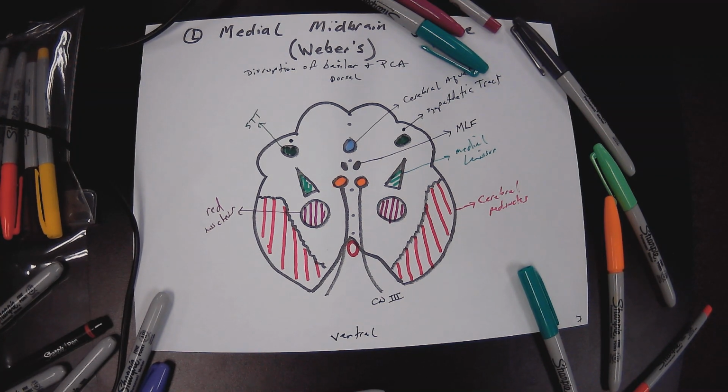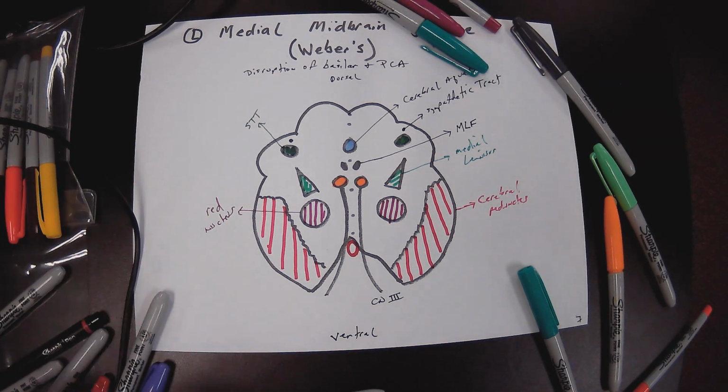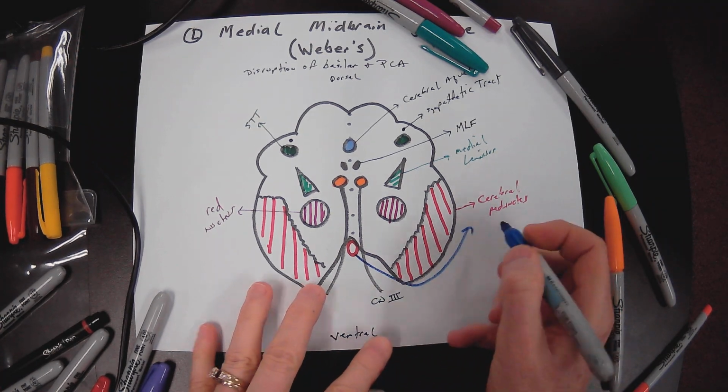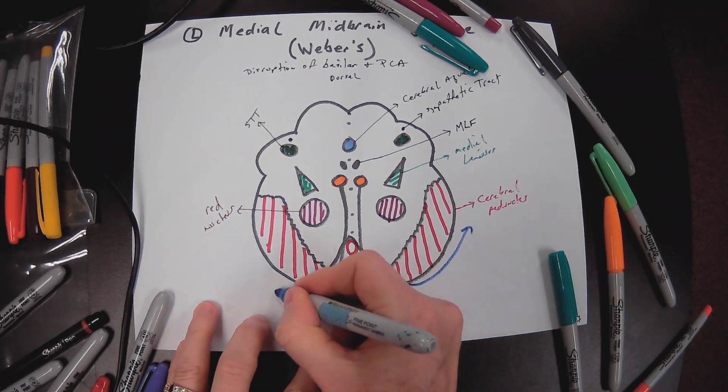Let's see what color that was. I had it in blue. So coming off the basilar, right and left sides, going backward, there's your PCA.